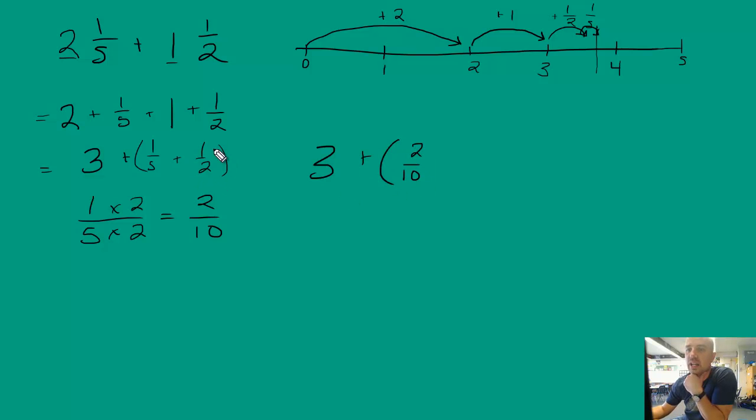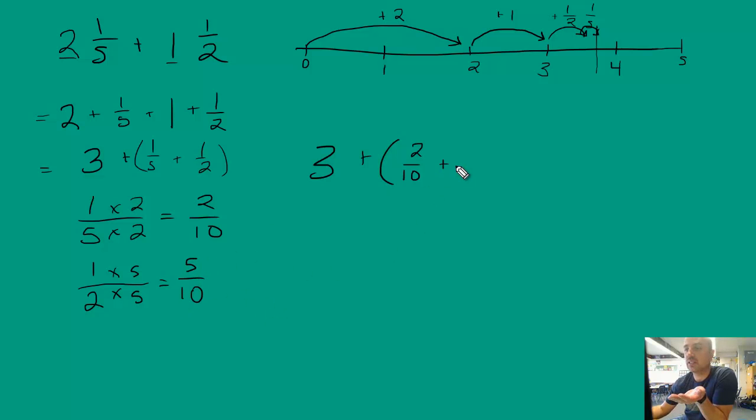Now let's take this 1/2 here, and let's turn it into tenths as well. 2 times 5 is 10, so whatever I do to the bottom, I need to do to my top. And 1 times 5 would be 5. So now I'm going to put that back up in here.